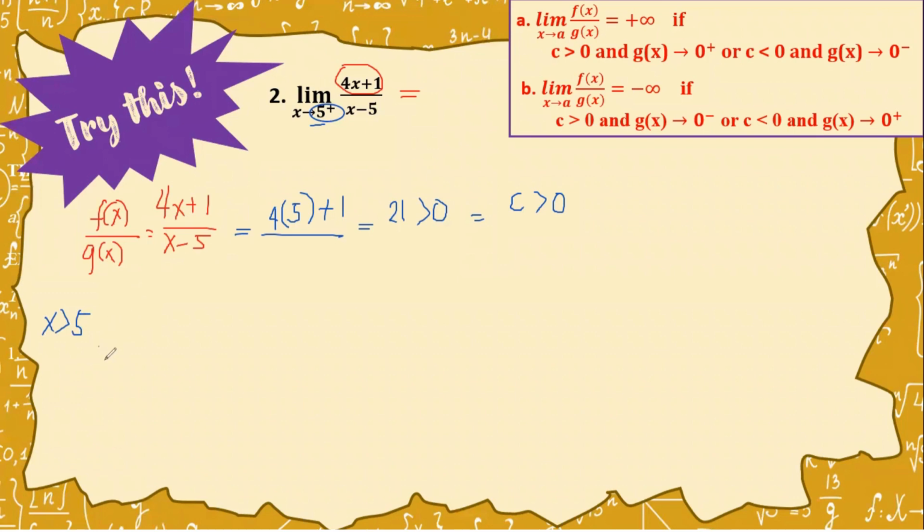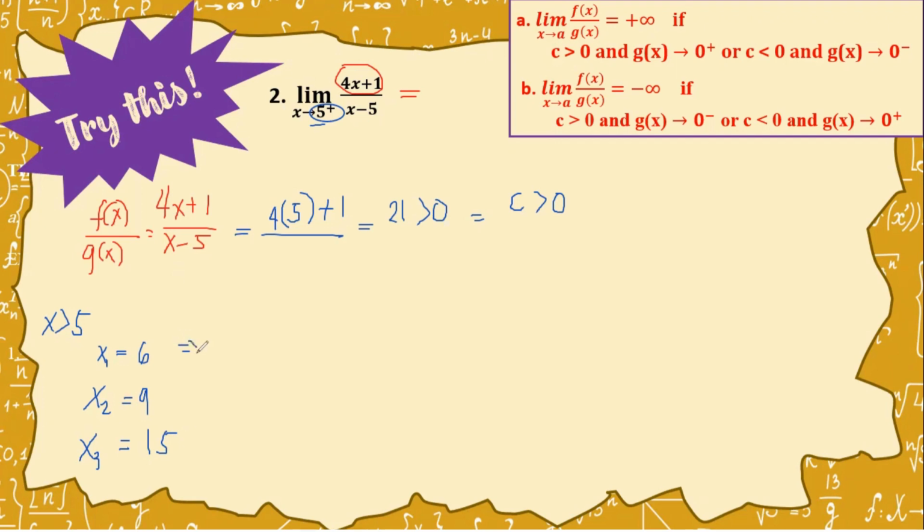Let's say x sub 1 is equal to 6. Okay? X sub 2 is equal to, let's say, 9. Okay? X sub 3 is equal to, ano ba magandang number? Sabihin natin 15. Ayan. So, substitute natin tong mga values ni x. So, we have here x minus 5.